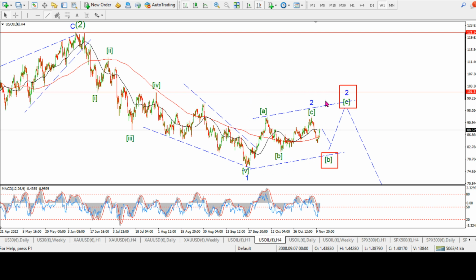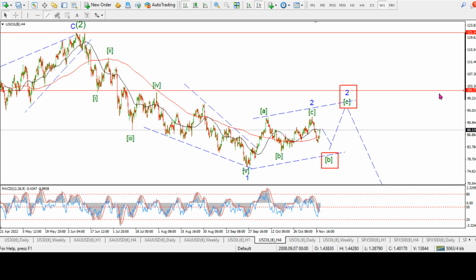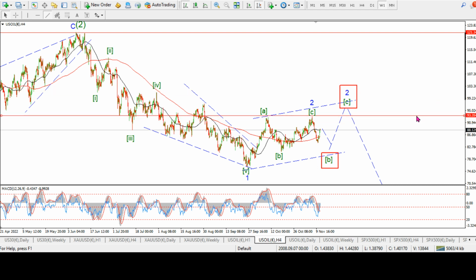We have 3 waves up, so this could be an ending diagonal here. This could be a wave 2 top in blue already complete at this week's top. So I'm not going to rule that out at all. So that 93 level, even though it's almost a bang on double top, is a very real possibility for the completion of wave 2.